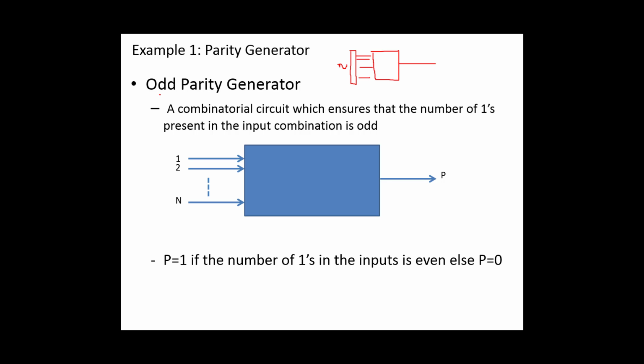So if it is an odd parity generator, it will ensure that the number of ones present in the input combination is odd. So if the number of ones present is even, then it will output a binary 1 to make it odd, and if the number of ones is odd, then the output P would be equal to 0.